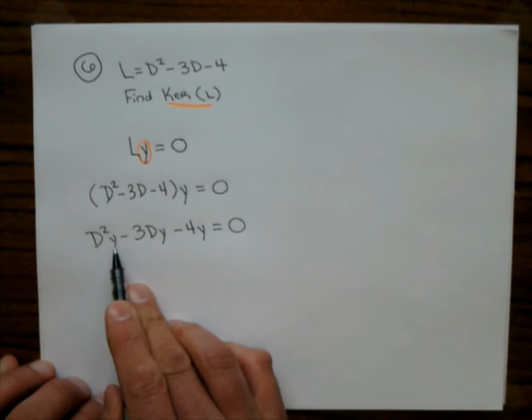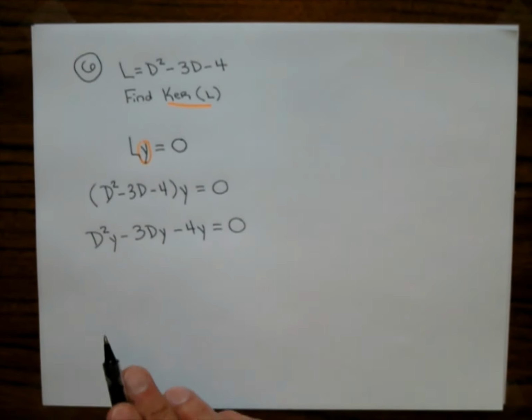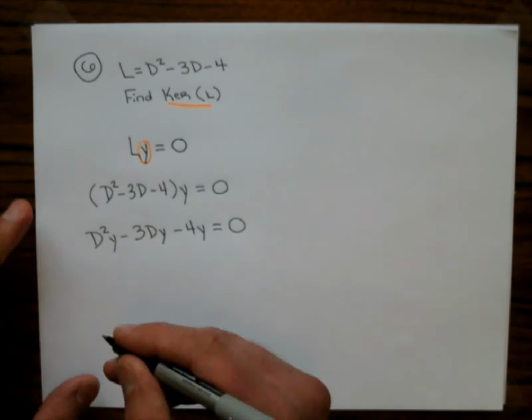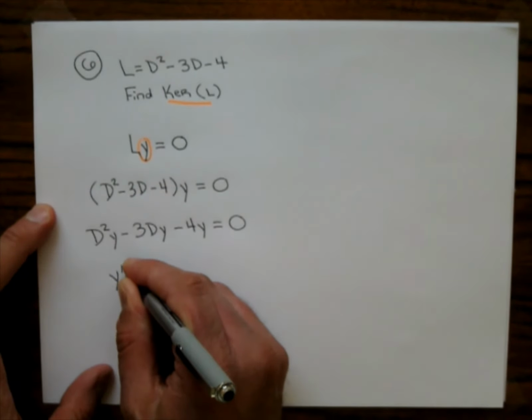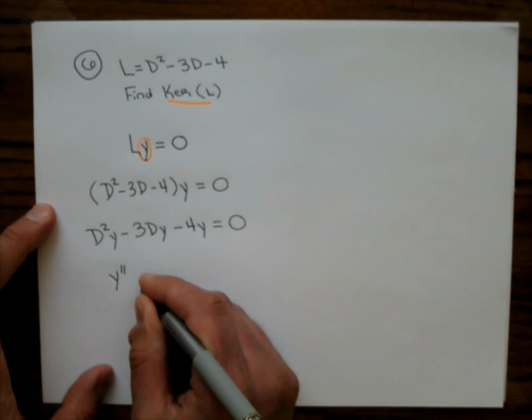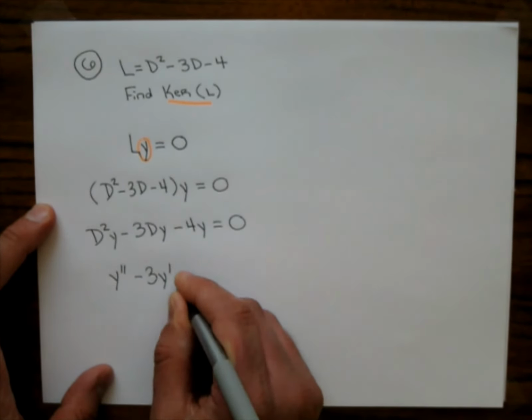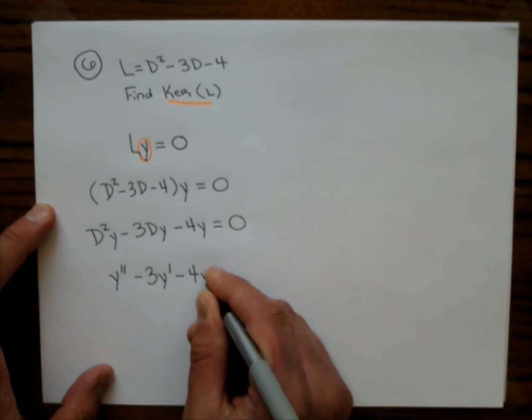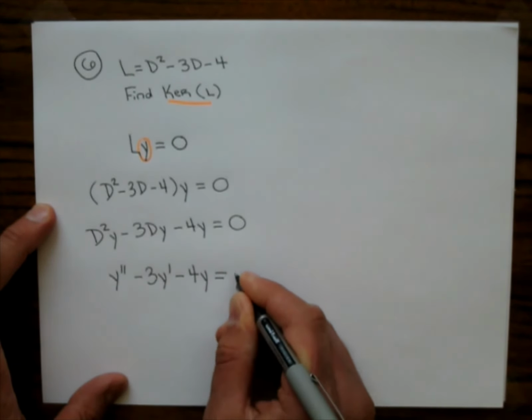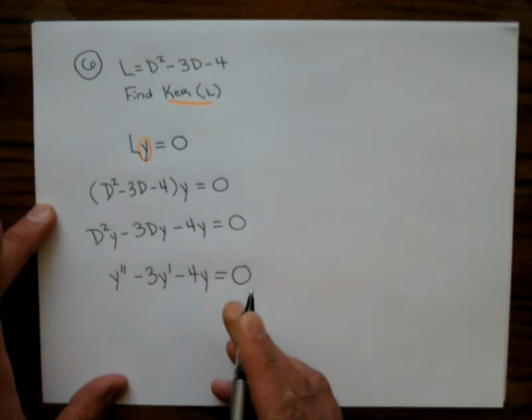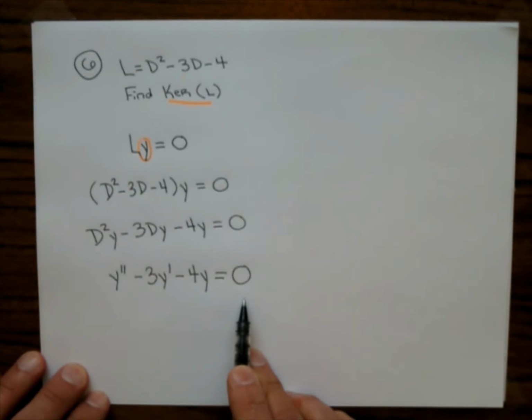And what is the second derivative of y? It's y double prime. Okay, and we have minus 3 times the derivative of y, which is y prime, minus 4y. This equals 0.